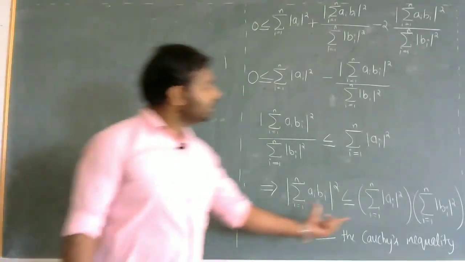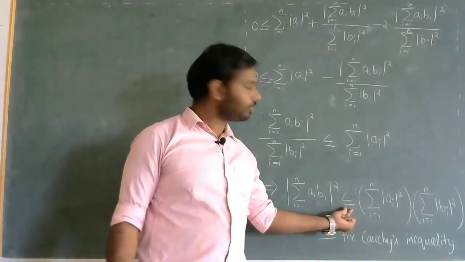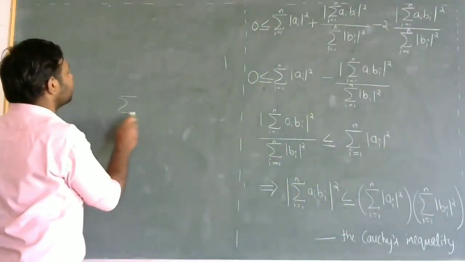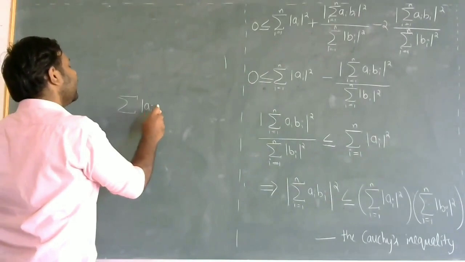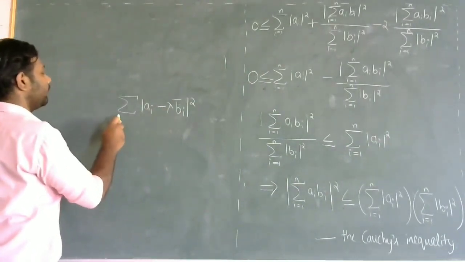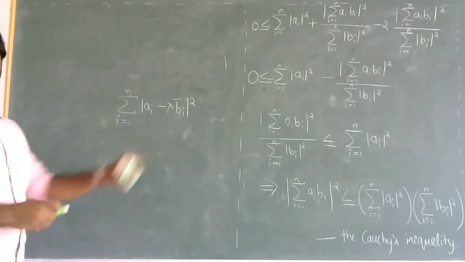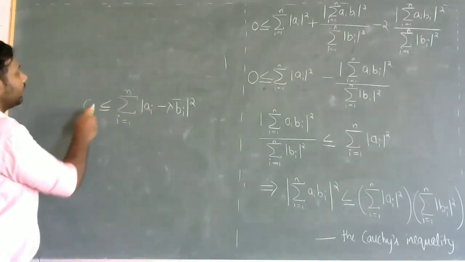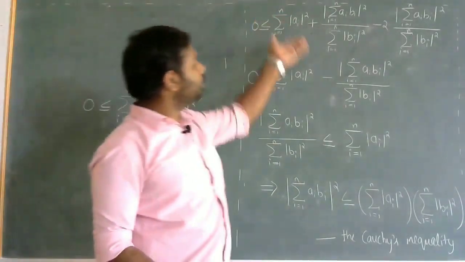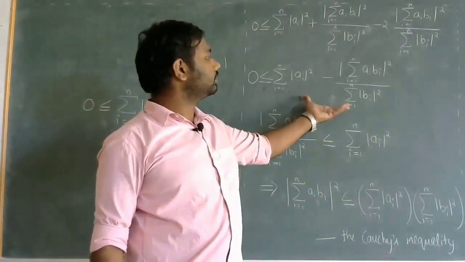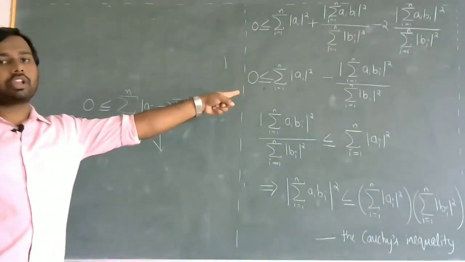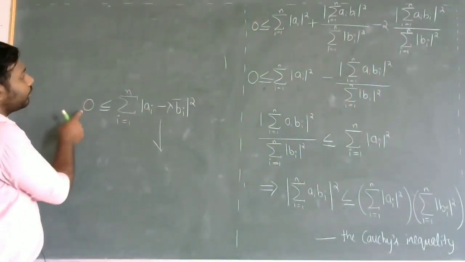In the same way, here the equality holds when, so we started with the number summation modulus of ai minus lambda bi bar whole square, i running from 1 to n. We started with this number, which was non-negative, and we simplified this up to this number, which was greater than or equal to.